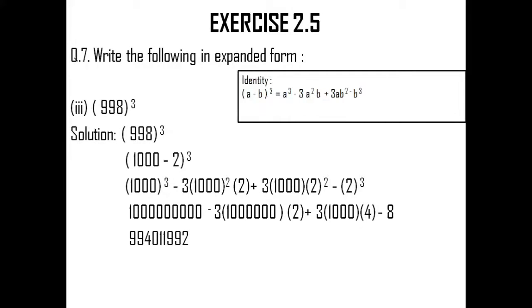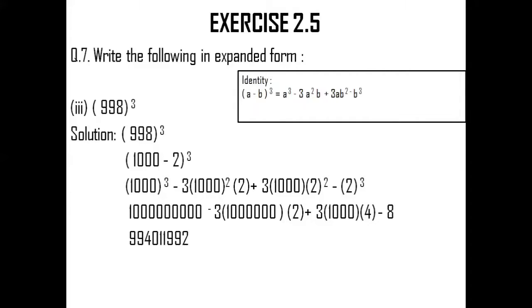So all that I have to do is replace the value of A and B as 1000 and 2 respectively and then solve it further. And when I get it correctly solved, the answer that I will be getting is 994011992. I hope the solution to question number 3 is clear to you all.